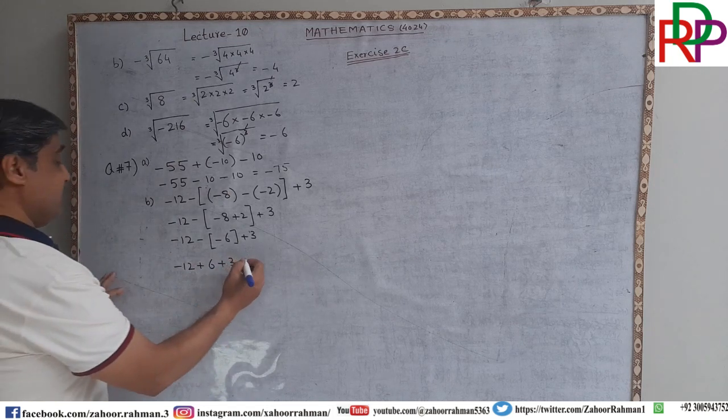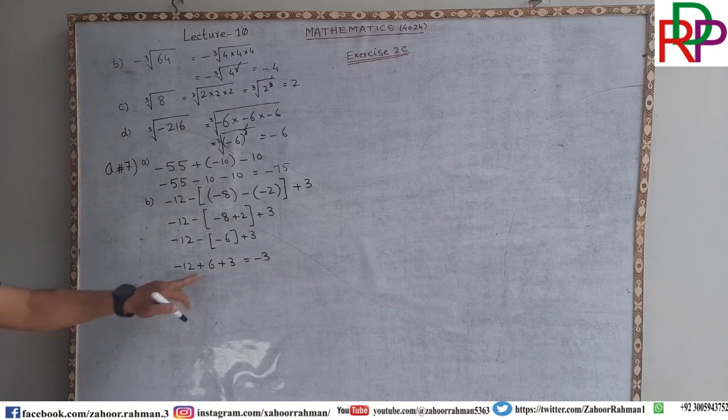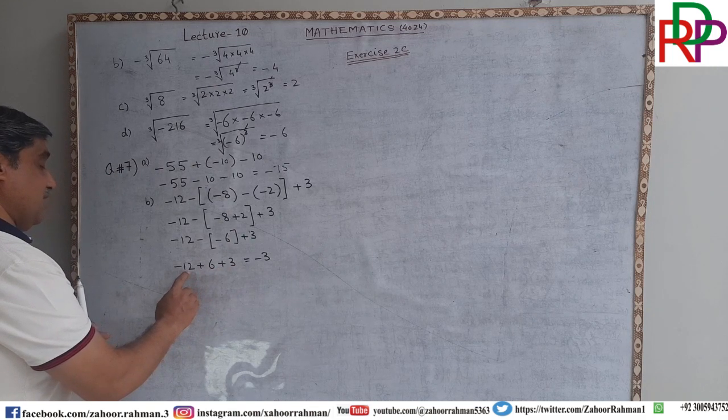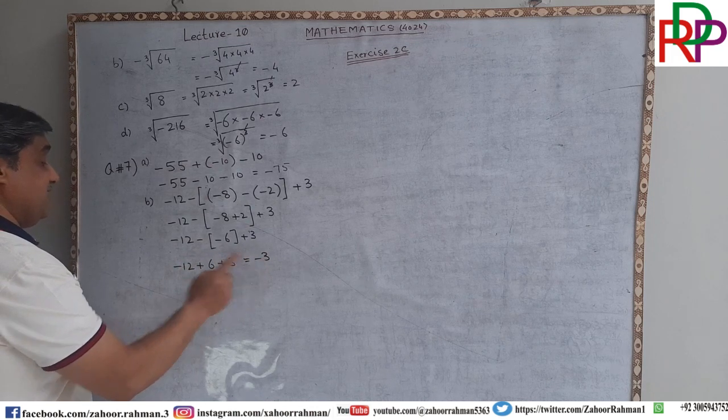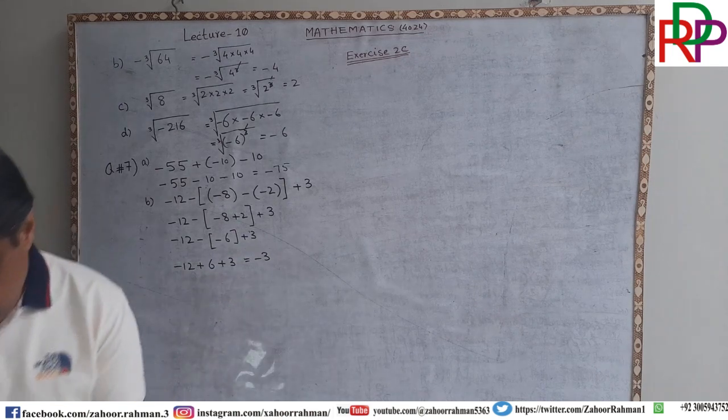That is equal to minus 3, because 6 and 3 is positive 9, and minus 12 means you have to subtract 9 from 12, that is 3, and the symbol of the larger number will be there.